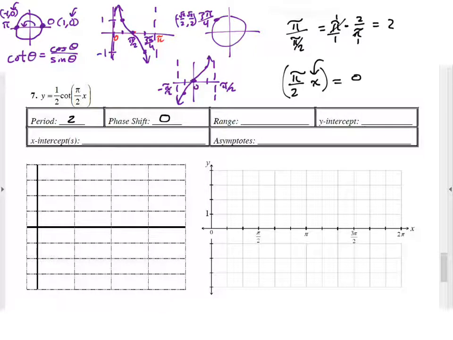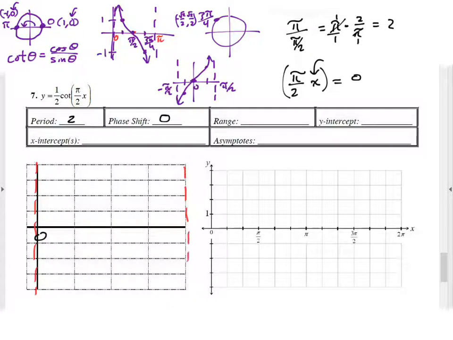What does x have to be? 0. That means at 0, we still have an asymptote. All right. What is the distance from this asymptote to the next asymptote, which is going to be way over there?